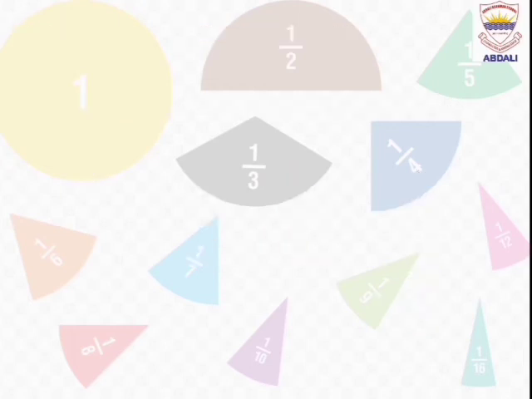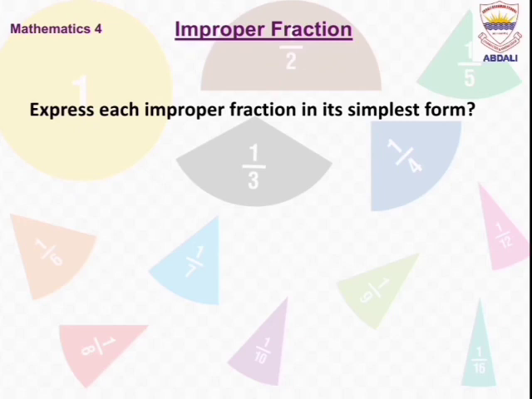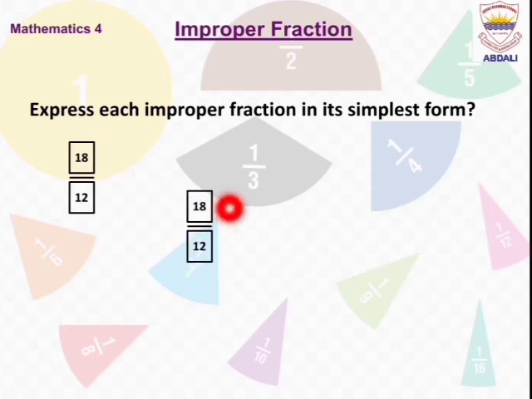Now students, let's take another example of expressing an improper fraction in its simplest form. Take another example, 18 by 12. Now express it in the simplest form. 18 and 12 are divided in the same table, the table of 6. 6 3s are 18.